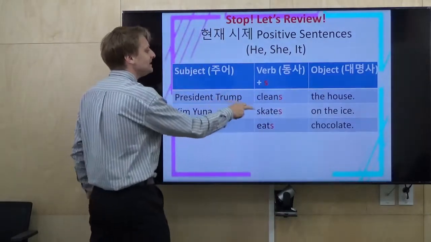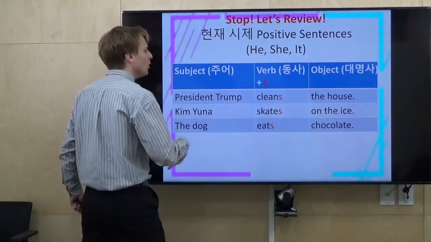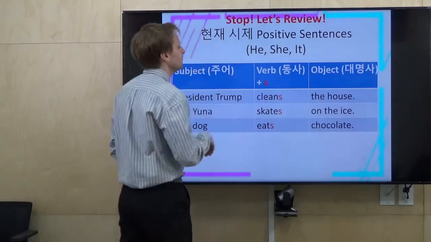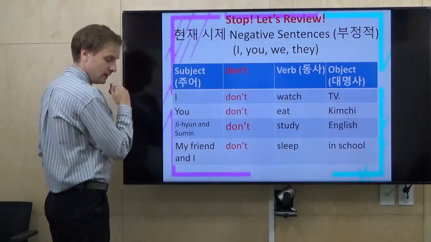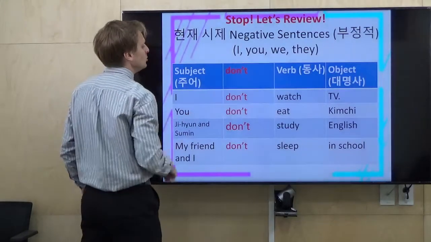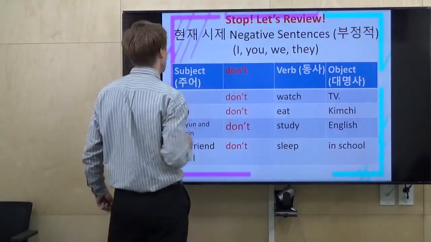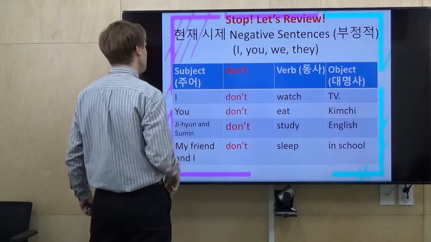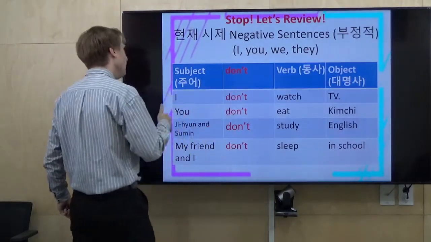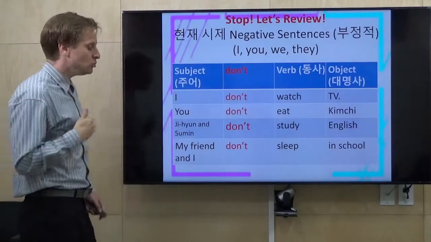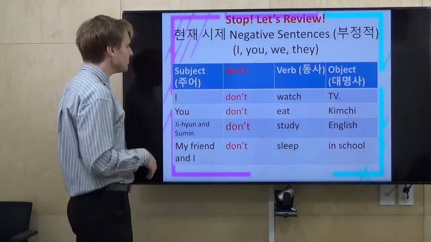Kim Yuna skates on the ice. The dog eats chocolate. And then for negatives, for I, you, they, and we use don't. I don't watch TV. You don't eat kimchi. Jihyun and Sumin, they don't study English. My friend and I, we don't sleep in school.